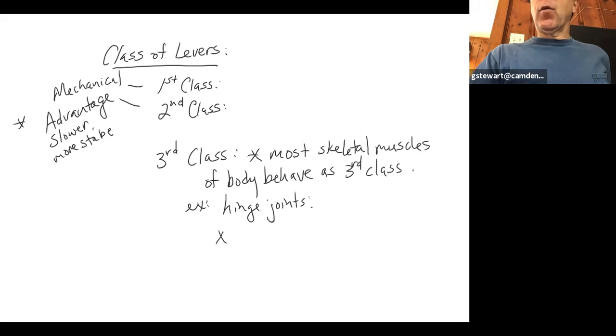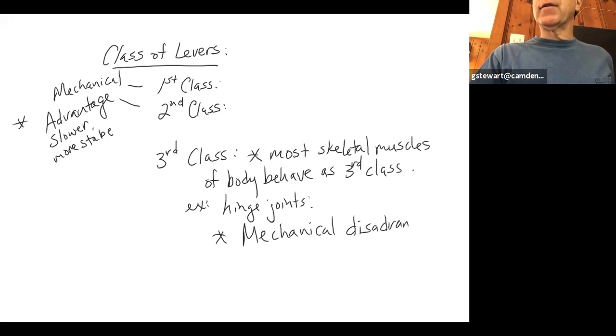These are opposite of classes 1 and 2. These are at a mechanical disadvantage. So they're not really strong. They don't produce a whole lot of force.